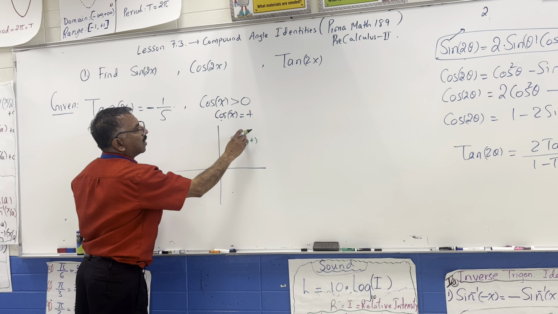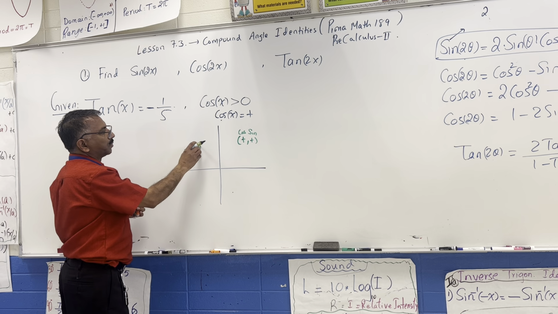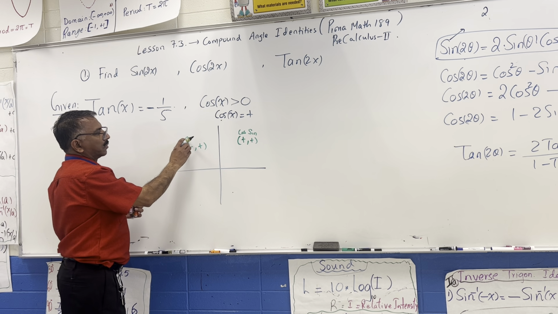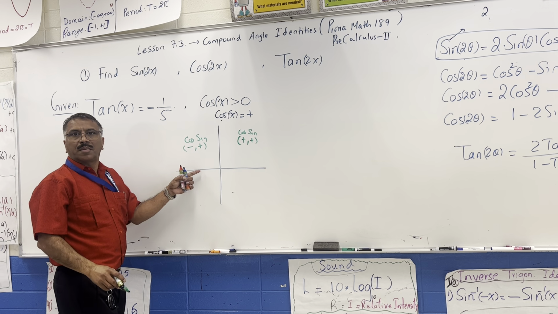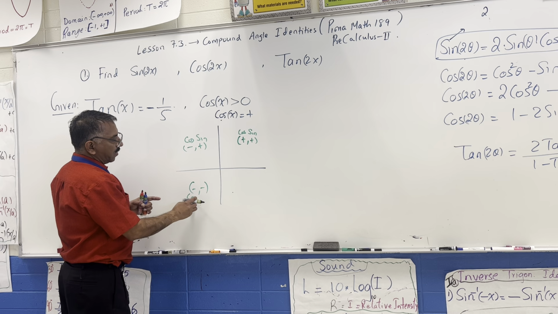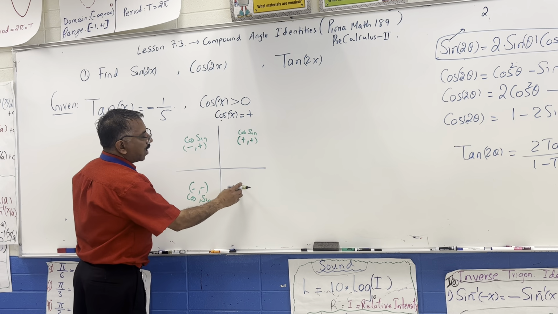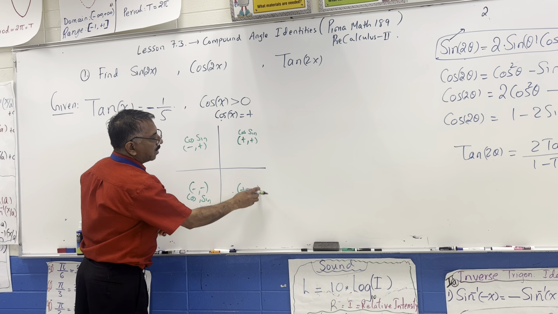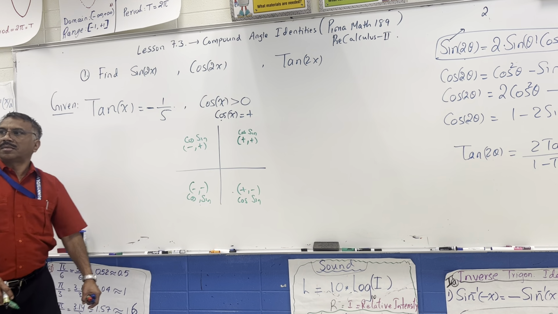This is cosine and that is sine. Here, which one is positive? Cosine is negative, sine is positive, agree? And here both are negative. It means cosine is negative and sine also is negative, correct? And in the last one, it is plus and minus. That means cosine is positive and sine is negative.